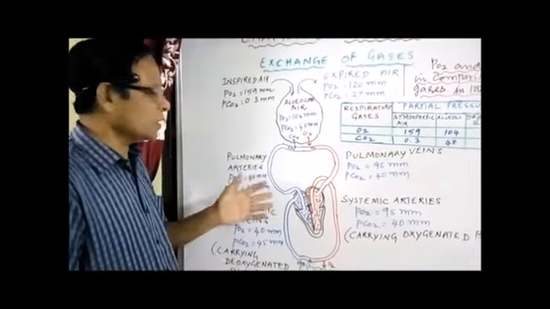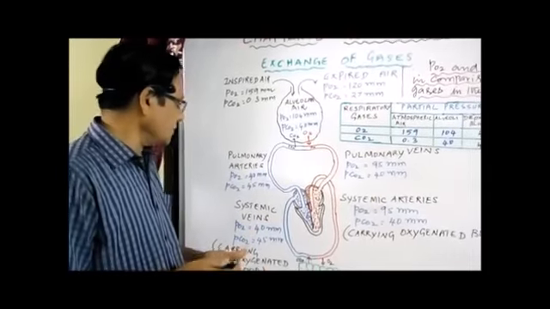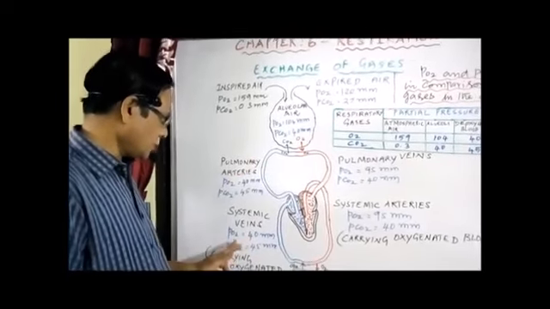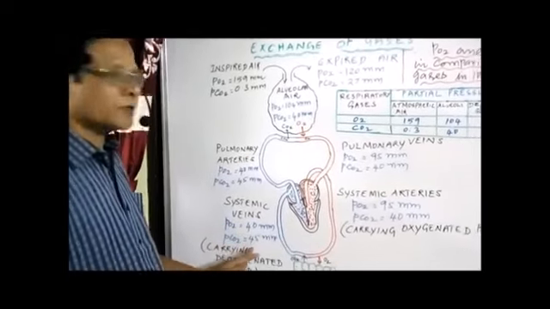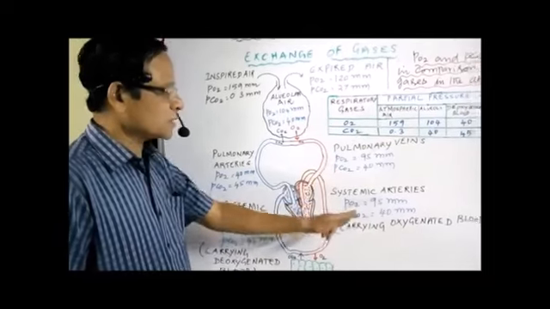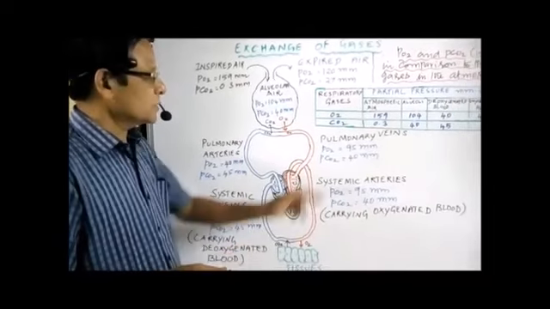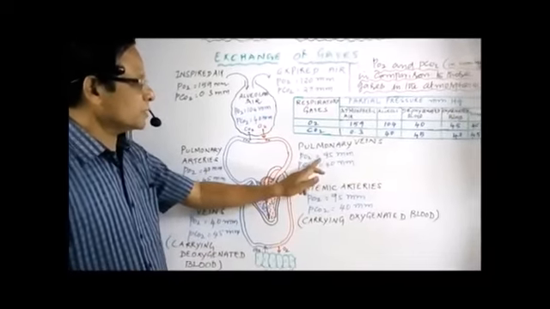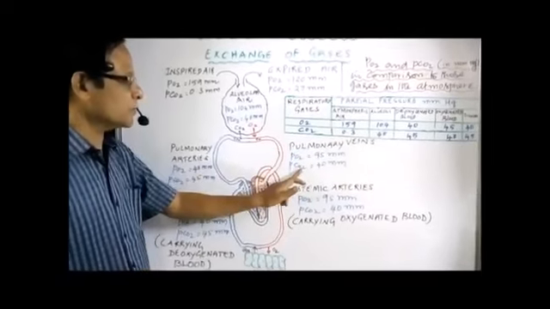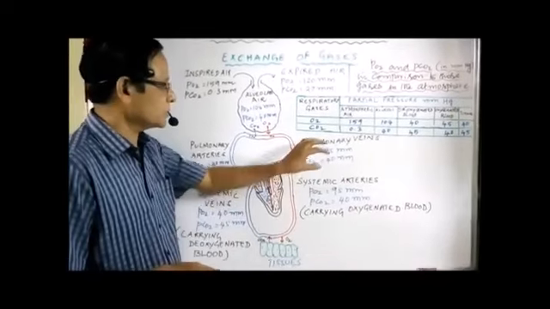So don't forget, the veins carry deoxygenated blood. In all the veins, PO2 is 40 and PCO2 is 45. The arteries carry oxygenated blood, except the pulmonary veins, where you have PO2 of 95 and PCO2 of 40 mm mercury. This is pure blood.